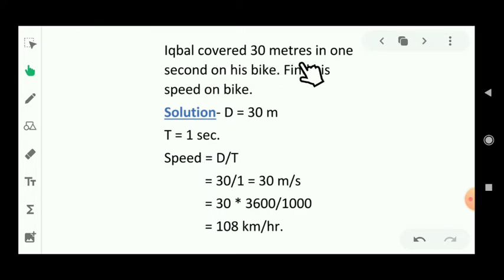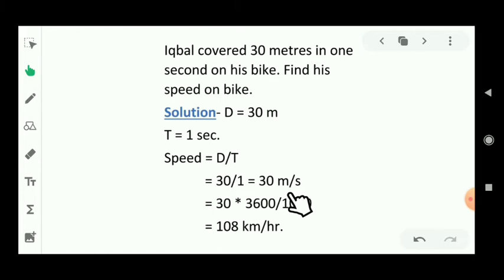Iqbal covered 30 meters in 1 second on his bike. Find the speed of the bike. The distance given here is 30 meters. Time given here is 1 second. So firstly we have to find the speed. Speed equals, as you know the formula, distance upon time. Distance value is 30, time is 1 second.